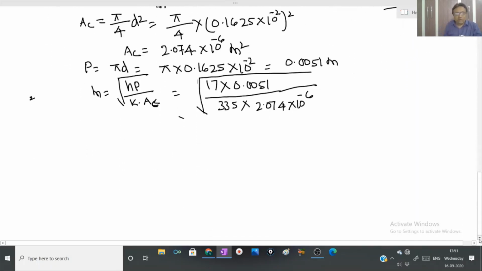Calculation of this term gives the value of m as 11.17 per meter.